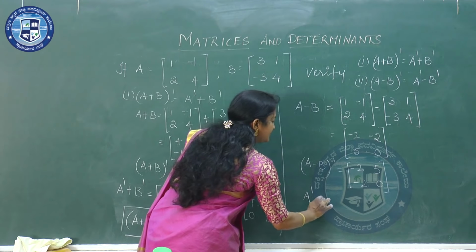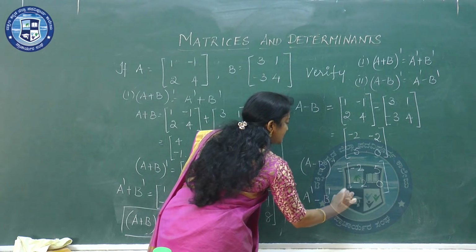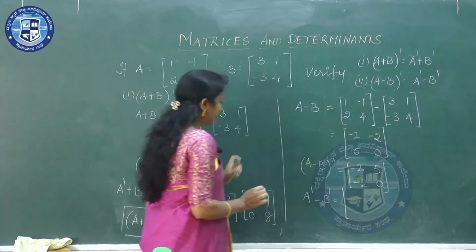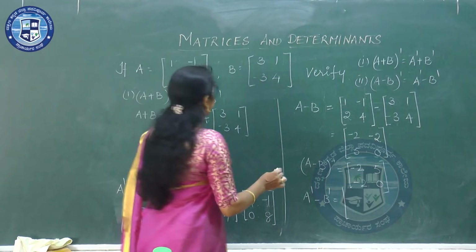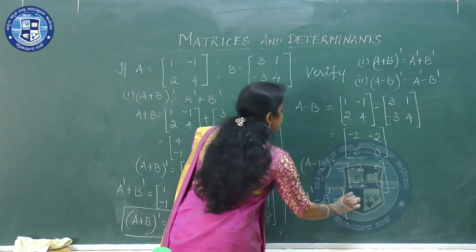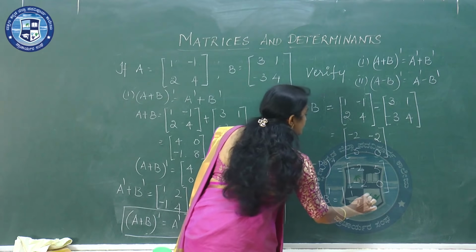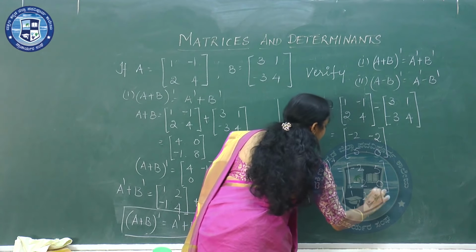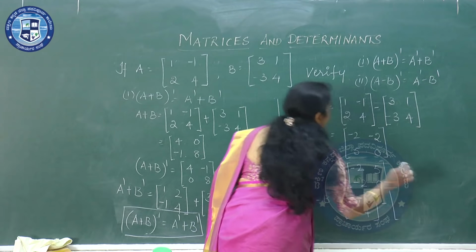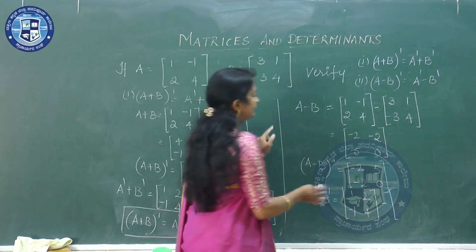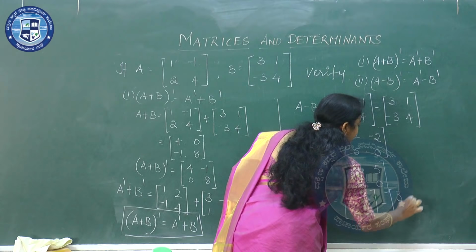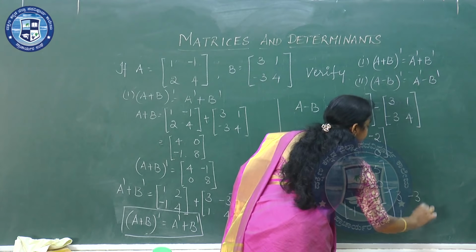So A transpose minus B transpose is what we write. Transpose of A is [1, -1; 2, 4] minus transpose of B is [3, 1; -3, 4].